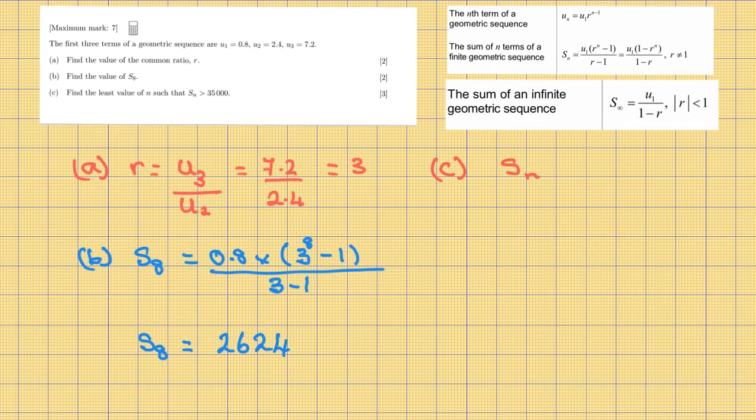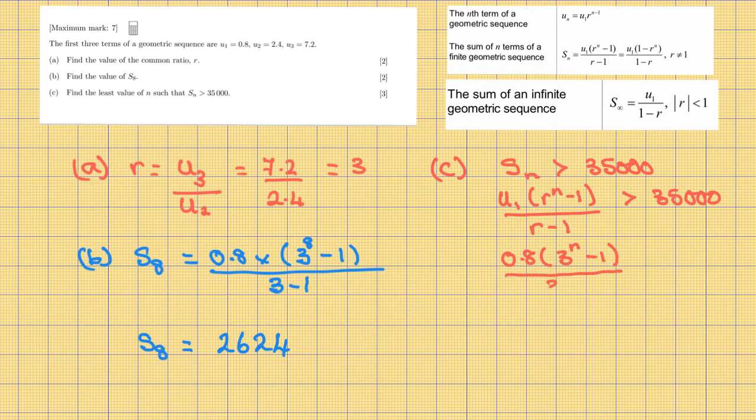And part C, find the least value of n such that S of n is greater than 35,000. So we want S of n to be greater than 35,000. So we've got to find n. So u1 times r to the n minus 1 over r minus 1 needs to be greater than 35,000. Substitute the values in. So we get 0.8 times 3 to the n minus 1 all over 3 minus 1 must be greater than 35,000.